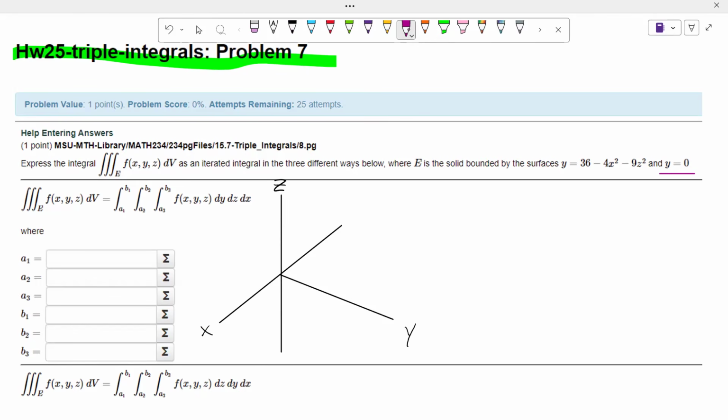And the other, we have a parabolic shape, a paraboloid. Let's pick a color for that one. How about blue? Contrasts nicely with that magenta color. So it's a parabola. For y, it opens down in both of the other two directions.